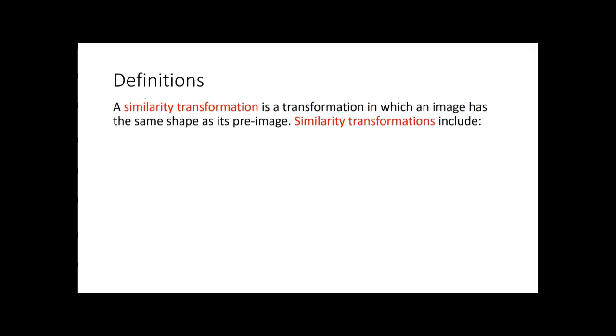All right, so definitions. A similarity transformation is a transformation in which an image has the same shape as its pre-image. For example, if you have a right triangle and you do some kind of transformation with it, it'll still be some kind of right triangle.